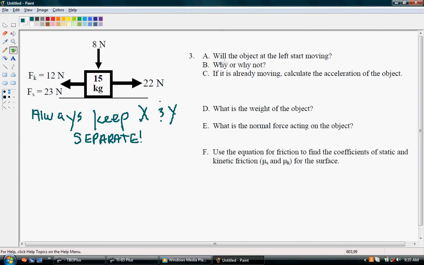Alright, so it says, will the object at the left start moving? Well, to get it to start moving, we're assuming that it's stationary. It's currently not moving, so we're going to have a static friction of 23 newtons. The applied force, someone either pushing or pulling on this object to the right, is only 22 newtons.